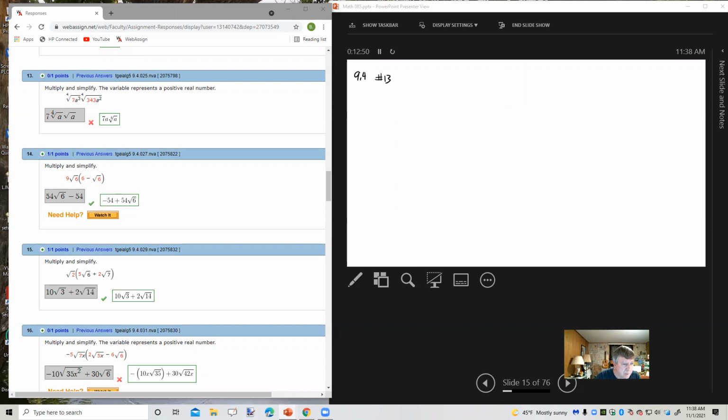Okay. Now, we've got the 4th root of 7a cubed times the 4th root of 343a squared. Okay. Which would be the 4th root of 7 times 343 times a to the 5th.